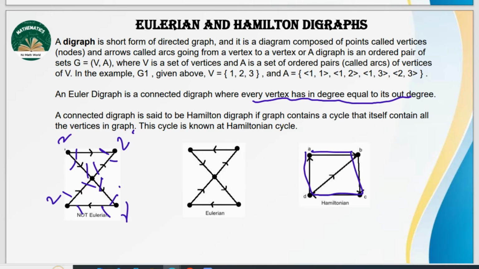Here you can see 4 vertices, so 1 going out, 1 coming in, and so on for each vertex. Here also one is going out, two are coming in and two are going out. It's called Eulerian.